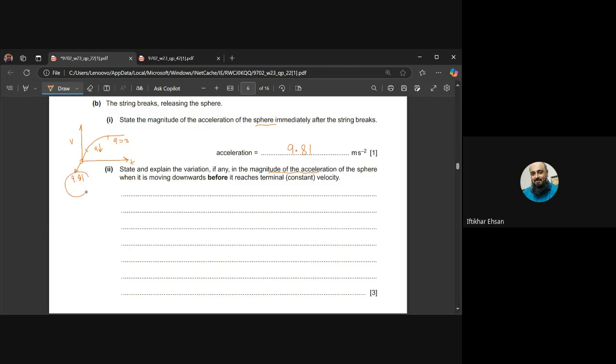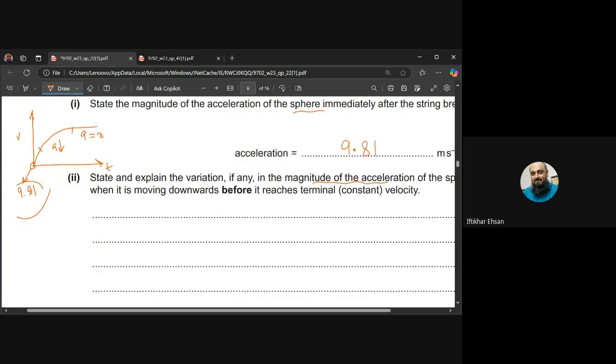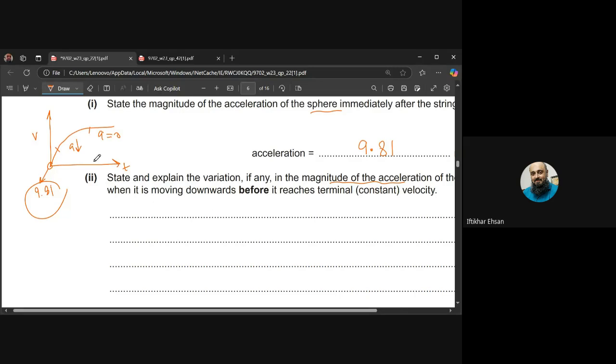So, initially, the acceleration will be 9.81, and as the speed increases, the acceleration decreases due to increase in the drag force. And a time comes when the drag force becomes equal to the weight, then resultant force and acceleration both become zero, and the object reaches terminal velocity with zero acceleration.